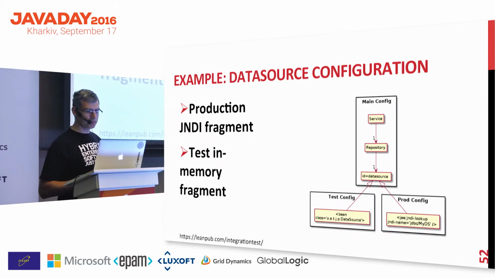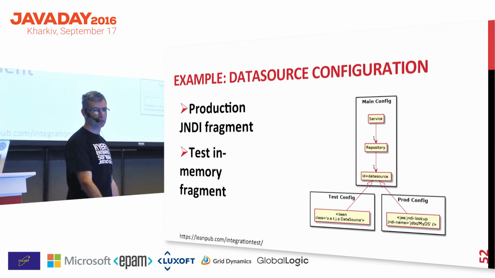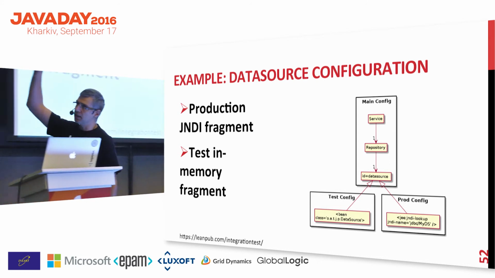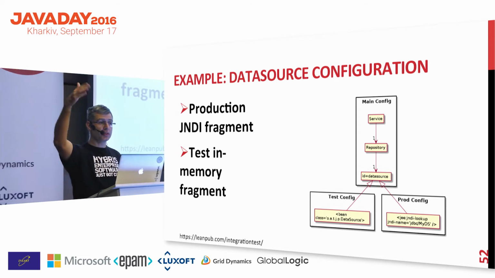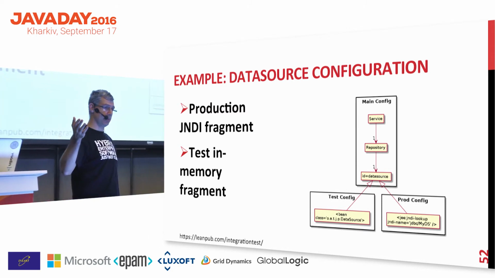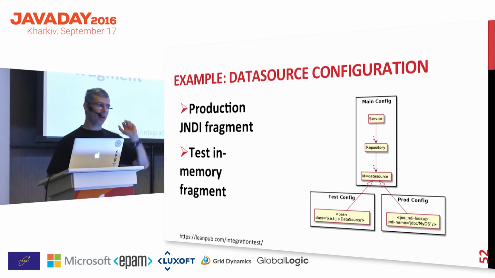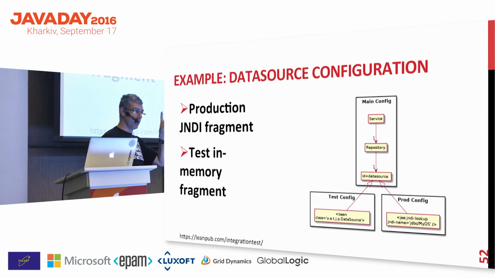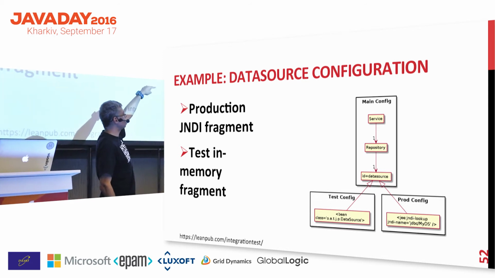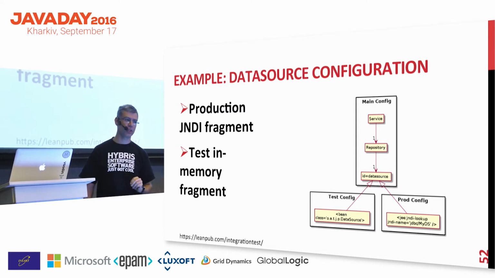Very simple example. You need to use a JNDI data source. That is the most common use case, right? So you have a service bean that depends on a repository bean. The repository bean depends on the data source bean, and the data source is taken from JNDI, right? So instead of putting everything into the same file, you break it down into two files. The first file is about the service and the repository, and for the repository, you only say it depends on this data source, which has an ID.